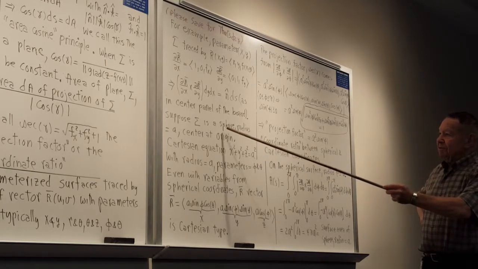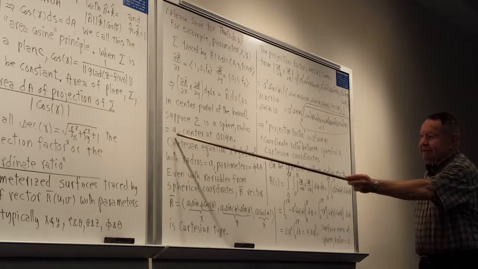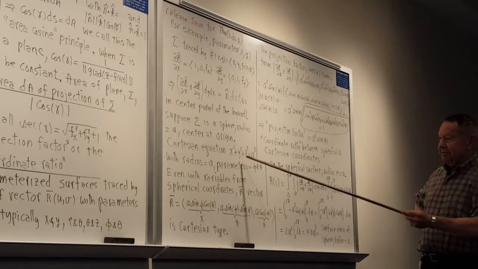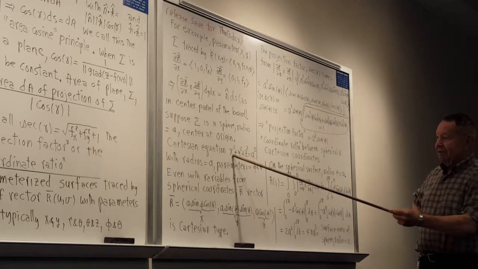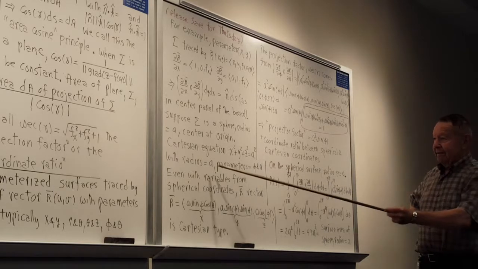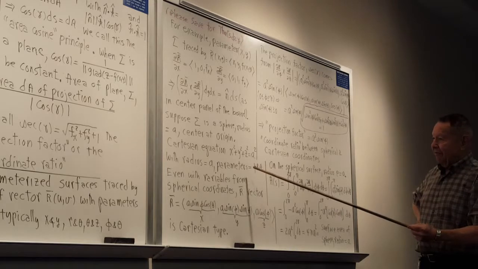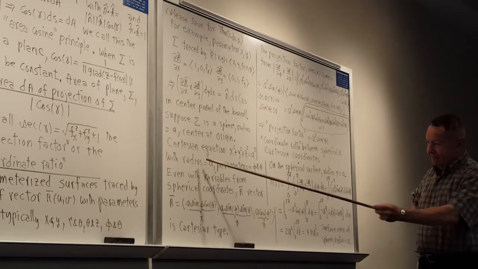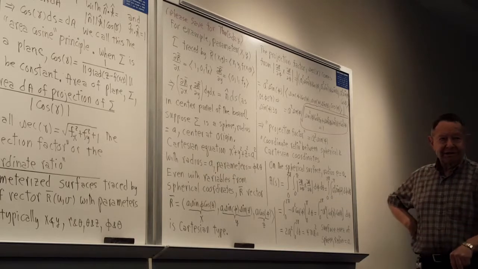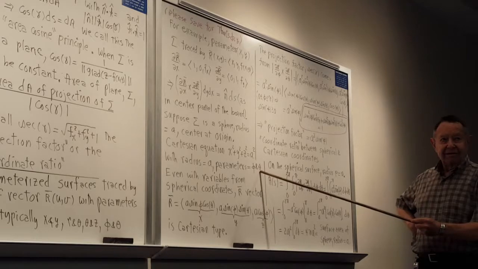So suppose your surface is a sphere. The radius is A, and the center's at the origin. So in Cartesian form, this is the equation of your sphere. And the radius is A, and now with radius fixed on the surface of the sphere, so A is constant, then your parameters would be phi and theta.